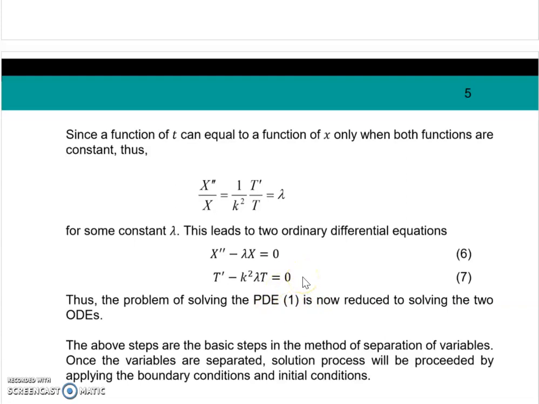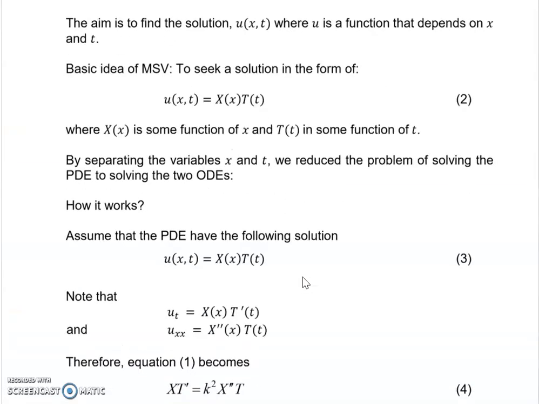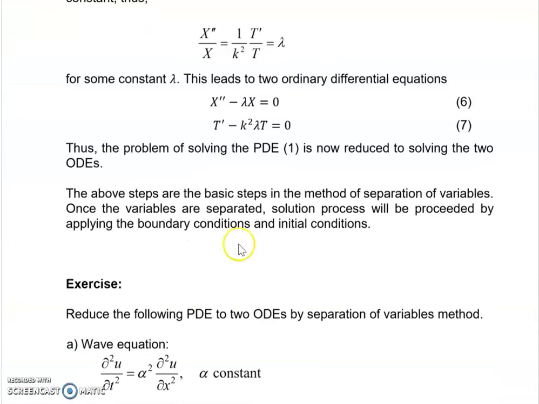Right? So if we go back to our first assumption, our final answer should be u equals x times t. Now I want you to refer to equations 6 and 7. If you solve equation 6, you are supposed to get x in terms of small x. If you solve equation 7, you will get t in terms of small t.